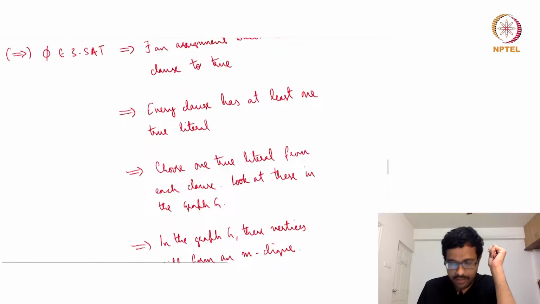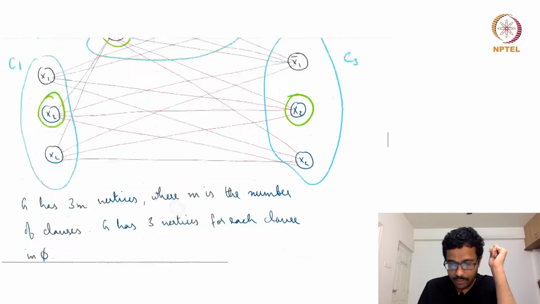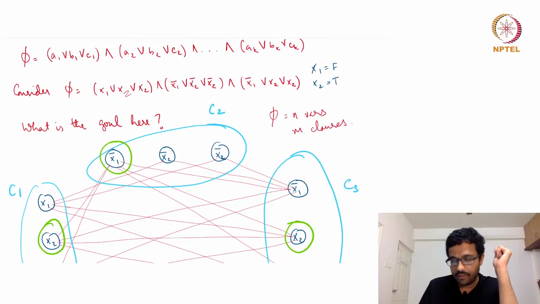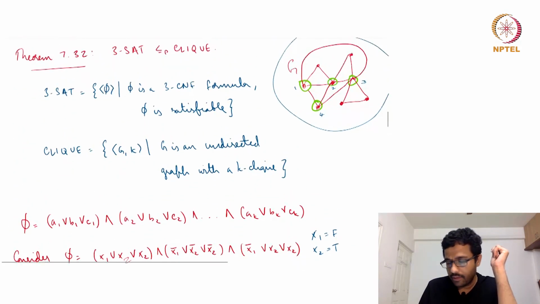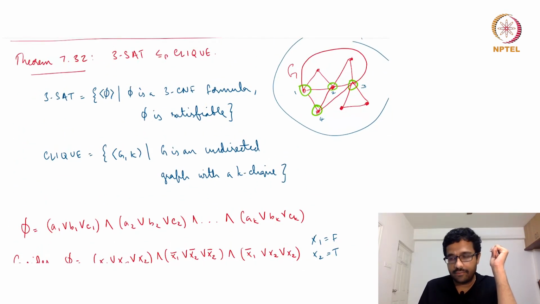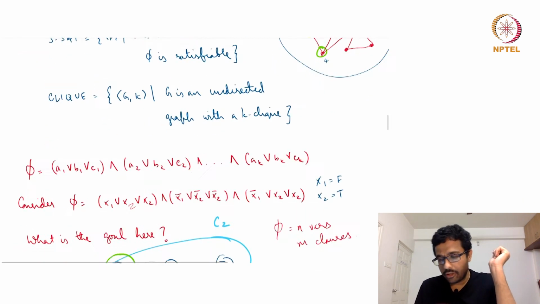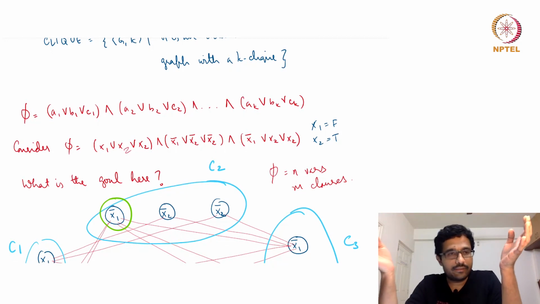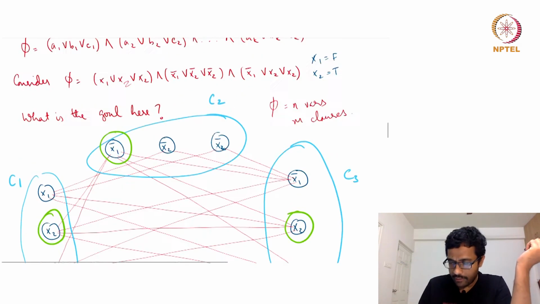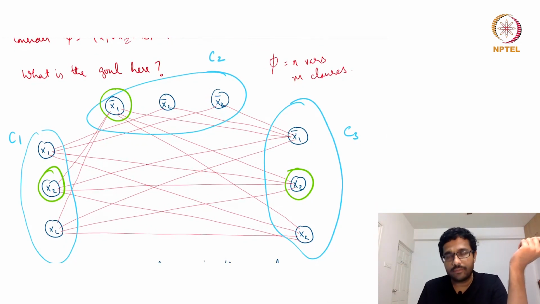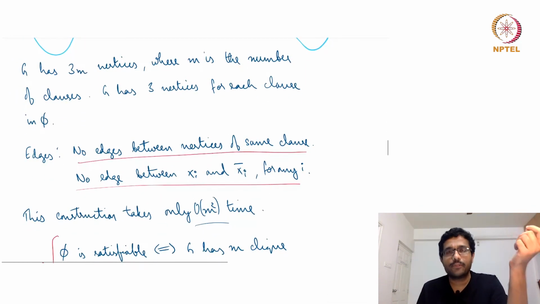So this completes the proof that there is a reduction from satisfiability to clique. Again, this shows only one direction. This does not show that the other direction holds. It is not clear that if you give a graph with a clique, it corresponds to a Boolean formula. Not all graphs with cliques have to be in this form. So this is something for you to think about.